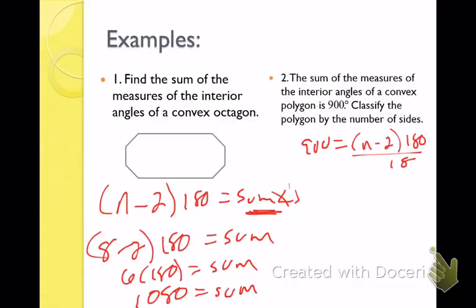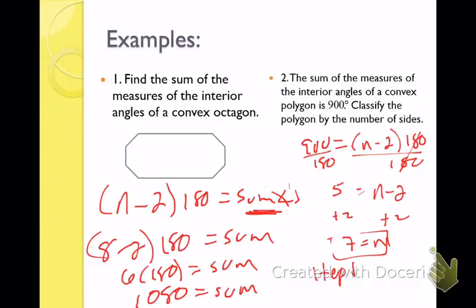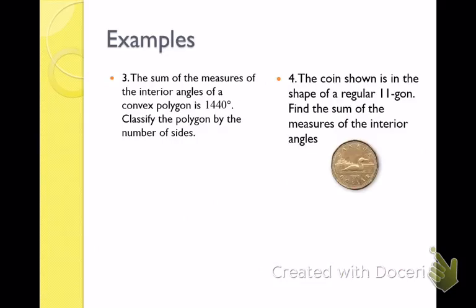We can go ahead and divide by 180, and that is going to be 5. And then we add 2 to both sides. Oh, sorry, not 7. We're looking at a heptagon. Piece of cake.